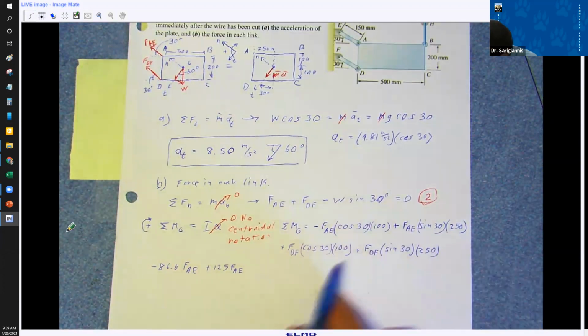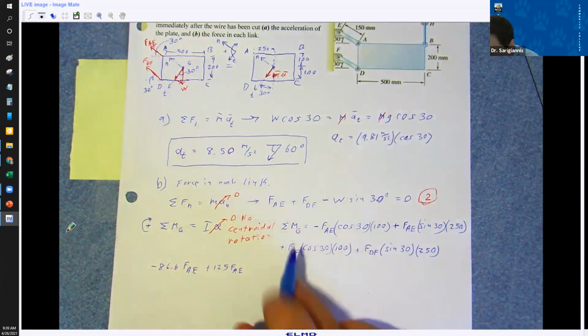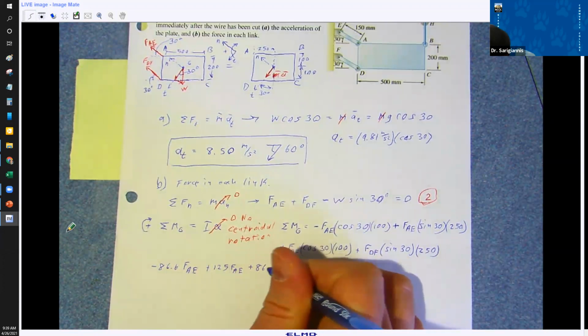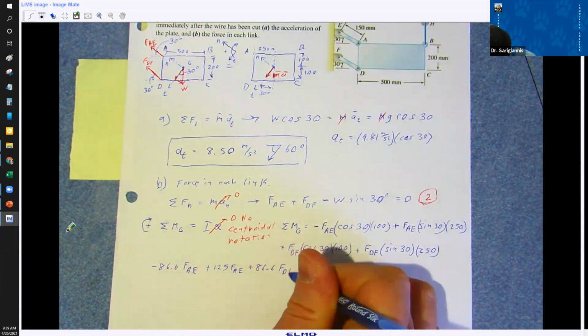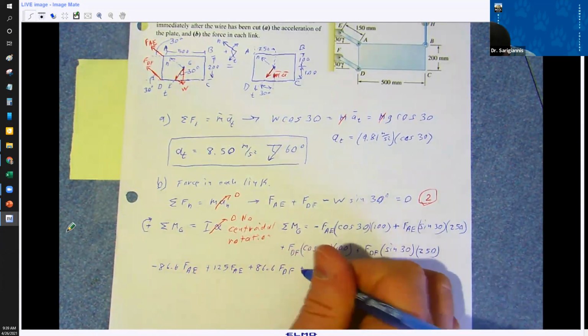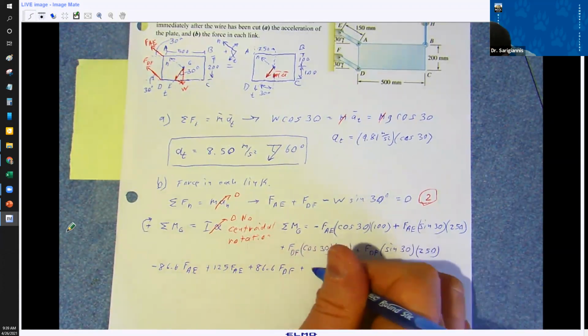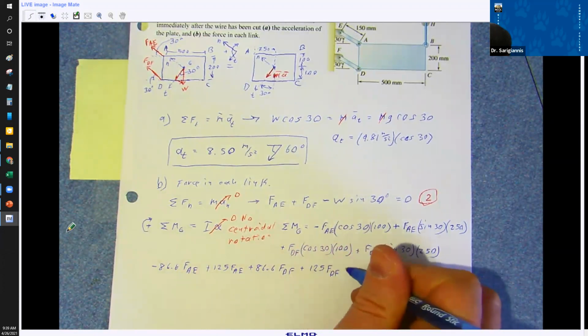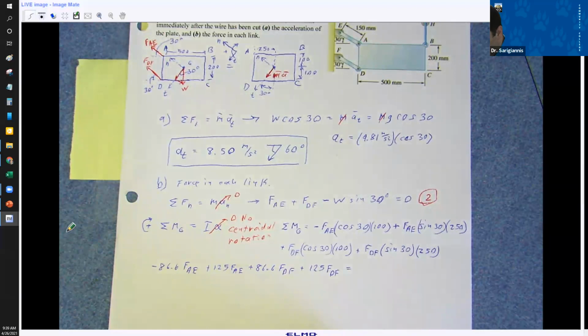And then I've got another FDF, so same thing, plus 86.6 FDF plus 125 FDF. And this all equals 0. Did I forget to write that? The sum of the moments about G is equal to 0.